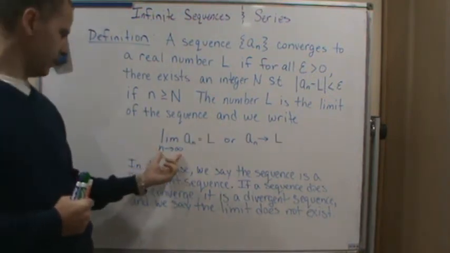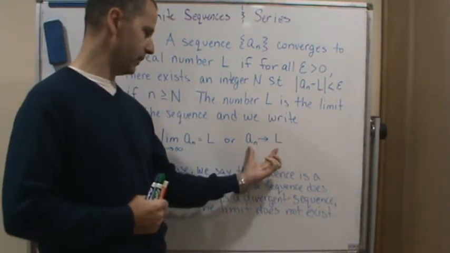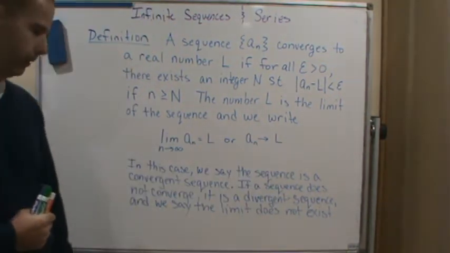We write the limit as n approaches infinity of the nth term equals L, or we say that a sub n, the nth term, approaches L.